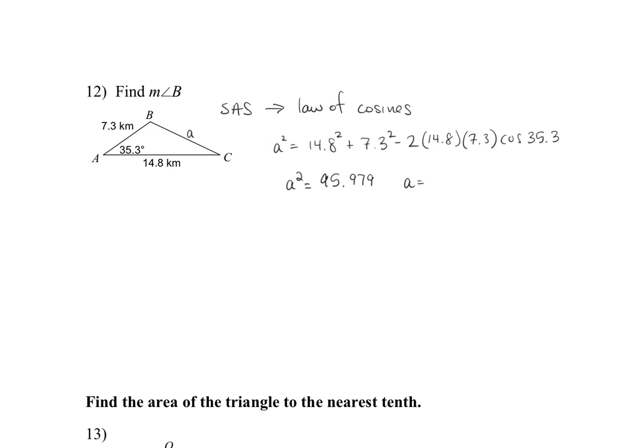So if we square root that, we get 9.8. So now we know all three sides.